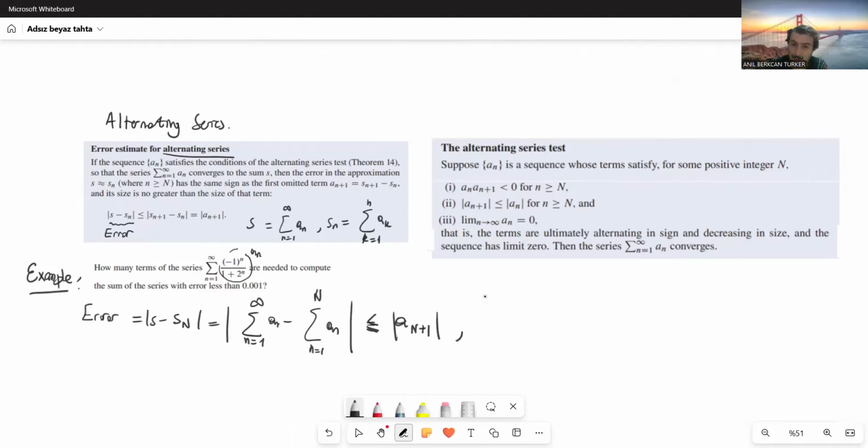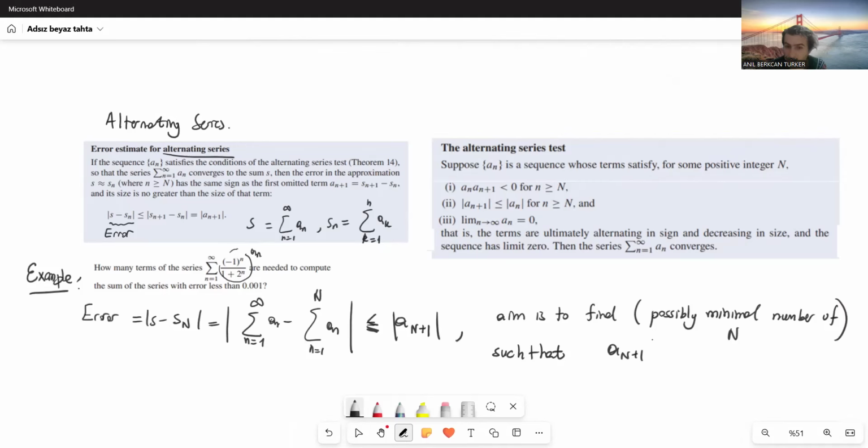So the aim is to find possibly the minimal number n such that a n plus 1 is less than the error, in our case 1 over 1000, or 10 to the minus 3.